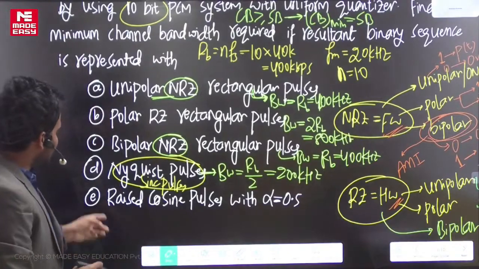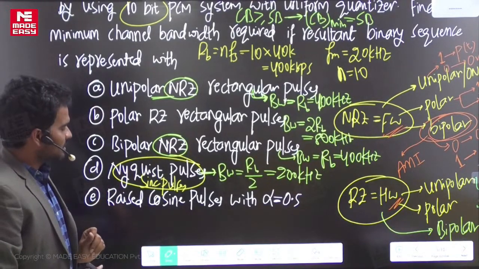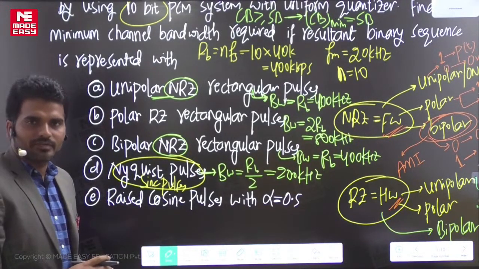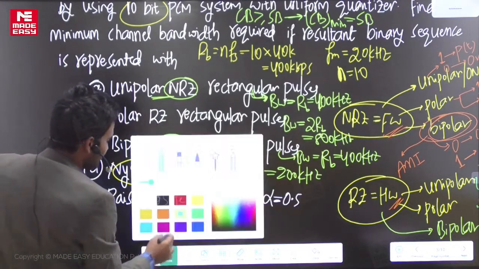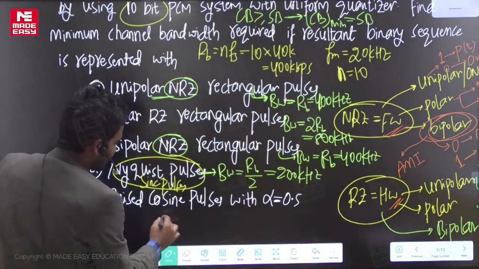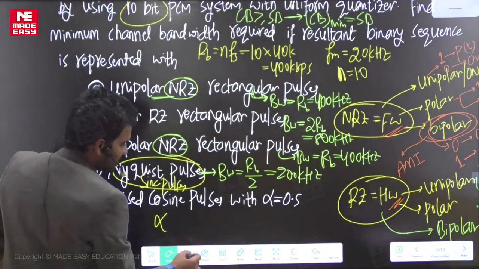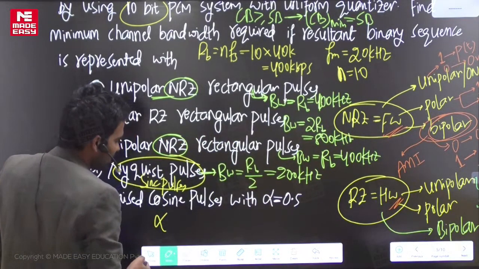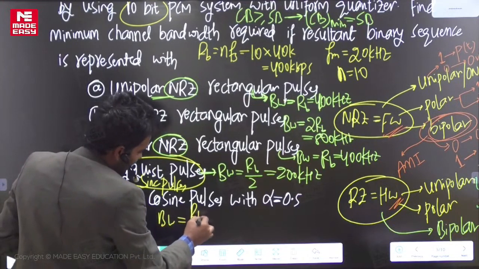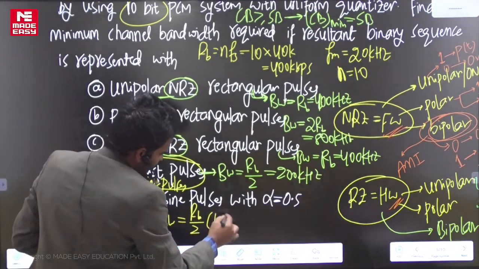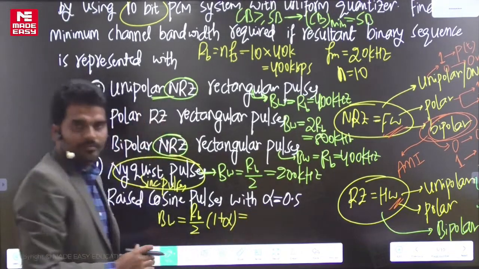Next, raised cosine pulses with alpha equal to 0.5. This alpha is called the roll-off factor. If the binary sequence is represented with raised cosine pulses with some specific alpha value, then the bandwidth is given by RB by 2 into 1 plus alpha.